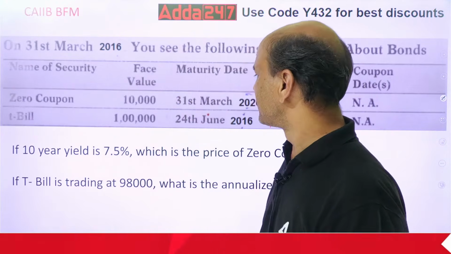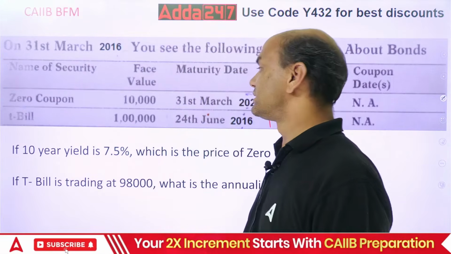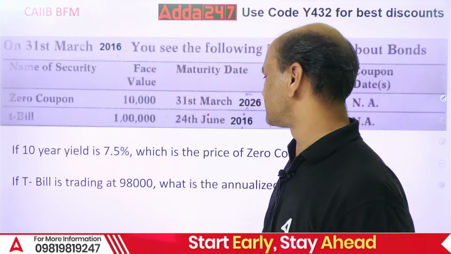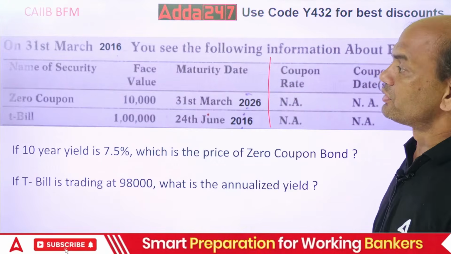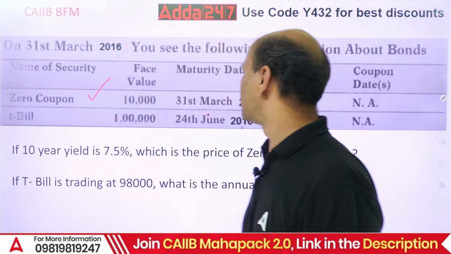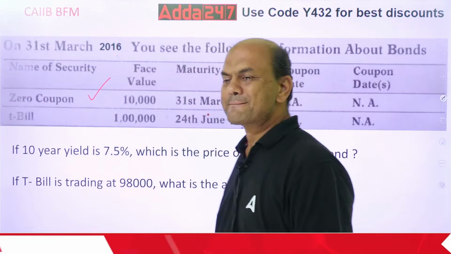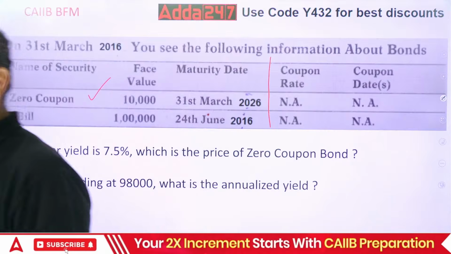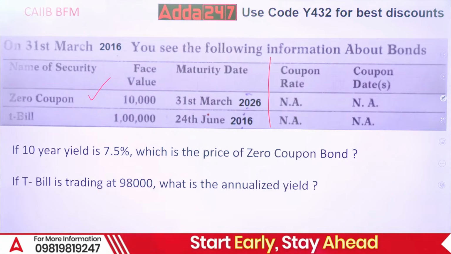Okay? So, if the 10-year yield is 7.5%, what is the price of the zero coupon bond? Now you want the price of this zero coupon bond. How to solve this? Everyone, check it.